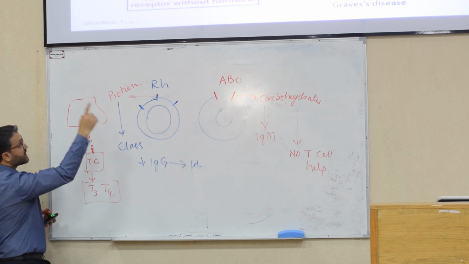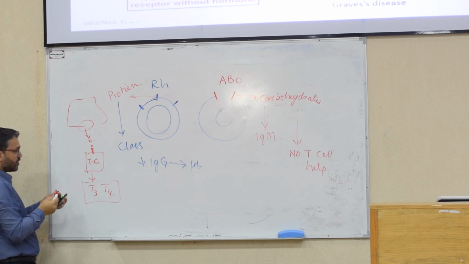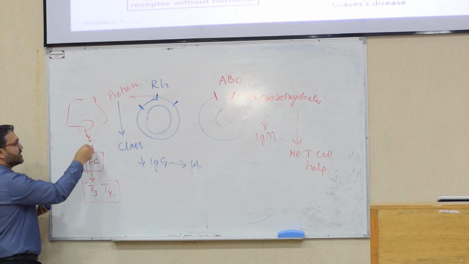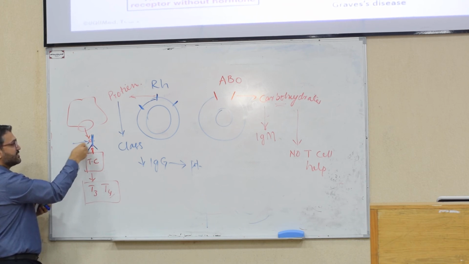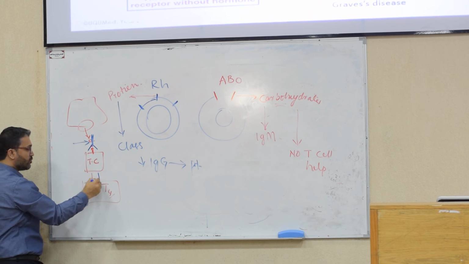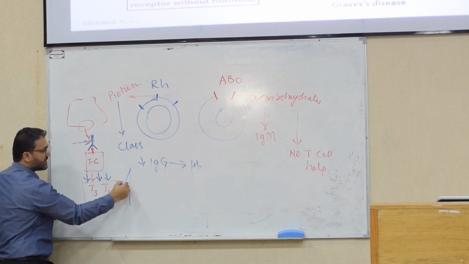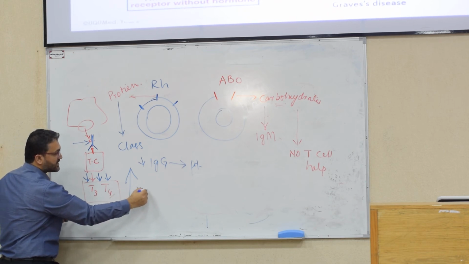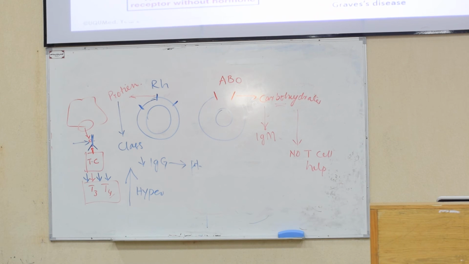Now, in this autoimmune condition, it's not the hormone, it's the antibody. Autoantibodies are produced against this receptor and act like the hormone, stimulating it. So more and more T3, T4 is produced, and hormone levels are increased in the body. That's why it is called hyperthyroidism. Okay.